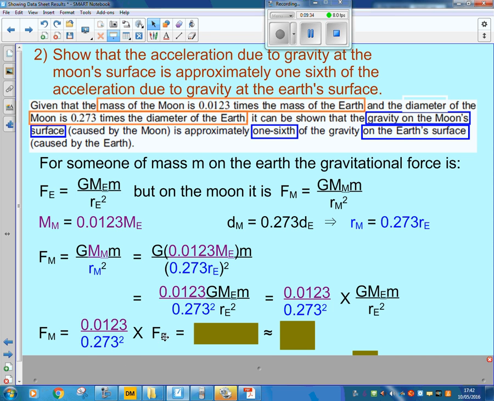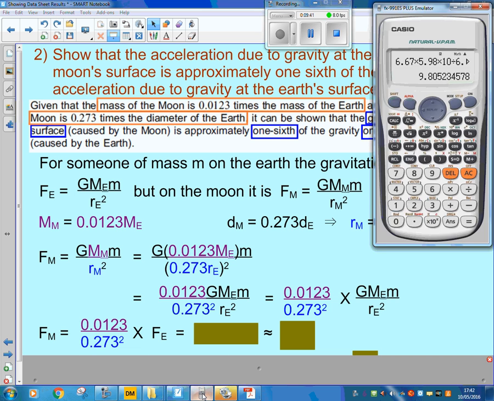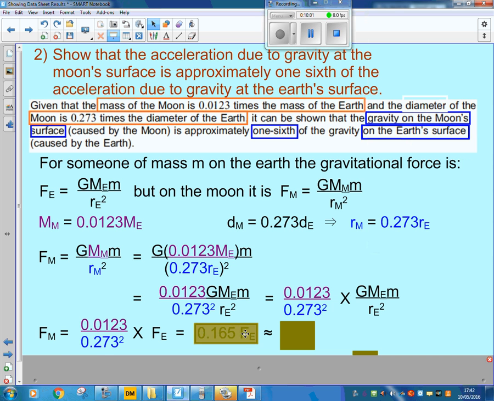Now let's see what that comes to as a fraction, or let's see first of all what it comes to as a decimal. So if I type into my calculator 0.0123 and I divide it by 0.273 squared, it comes to 0.165.